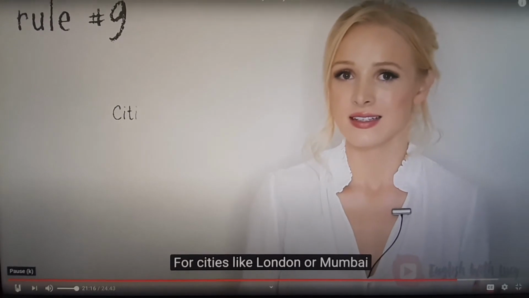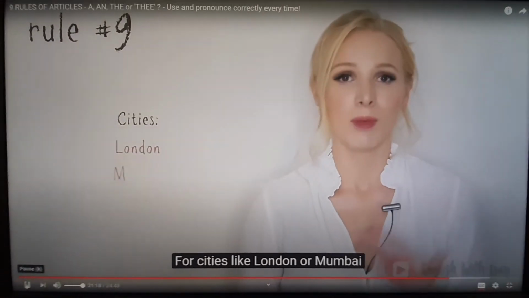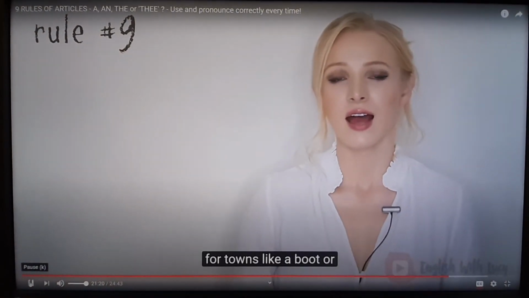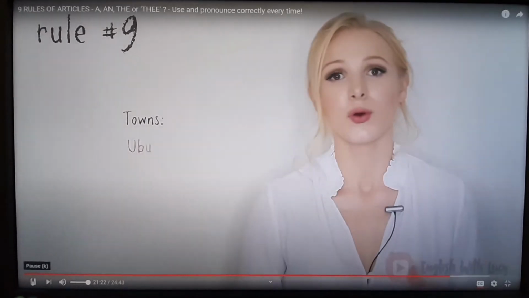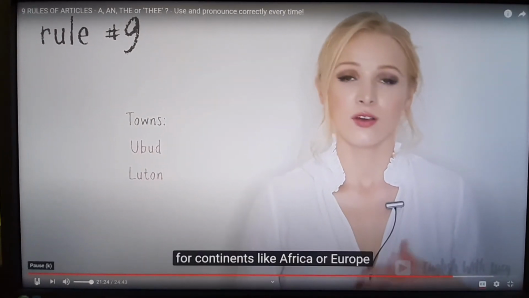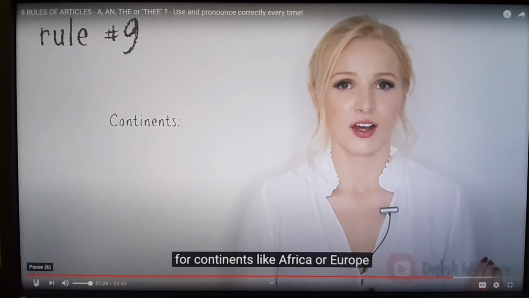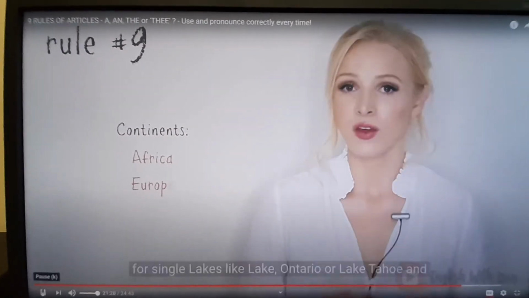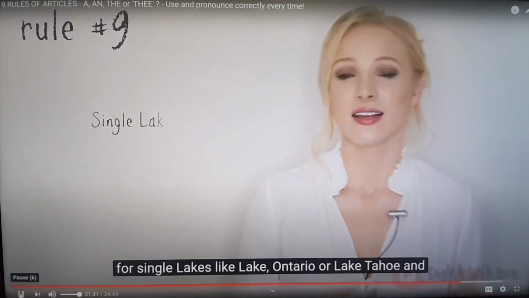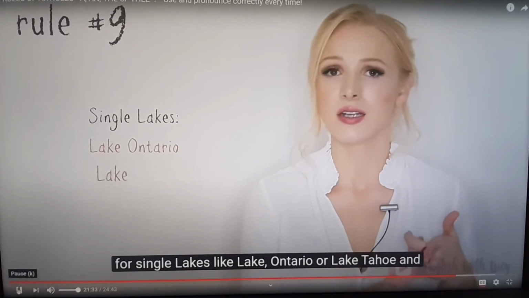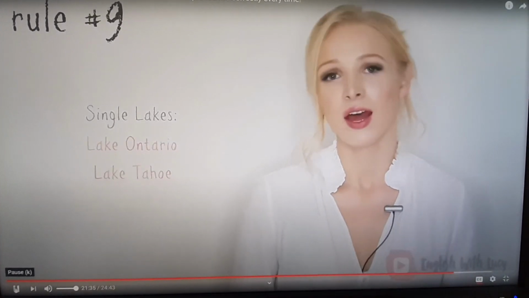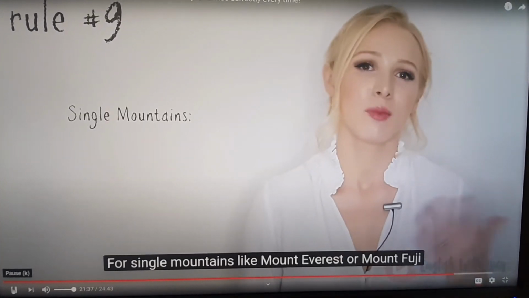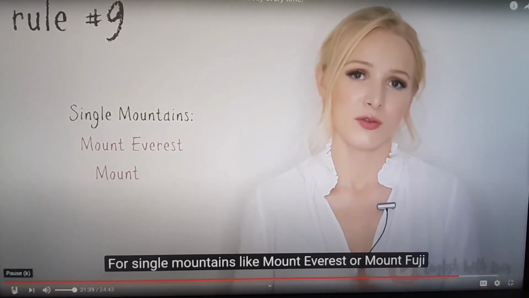Okay, so let's finish this up. She'll just explain it very quickly here. We don't use articles for cities like London or Mumbai, for towns like Ubud or Luton, for continents like Africa or Europe, for single lakes like Lake Ontario or Lake Tahoe, and for single mountains like Mount Everest or Mount Fuji.